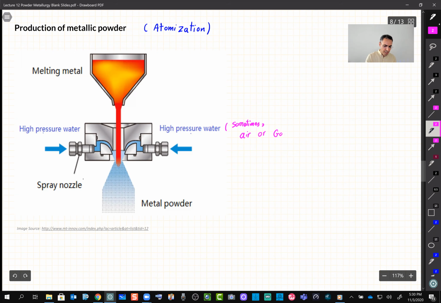And it depends again on the application. It might be a particular gas. But water is the most common way.